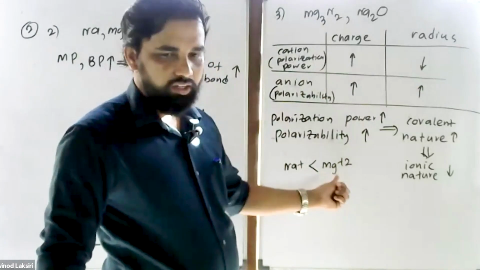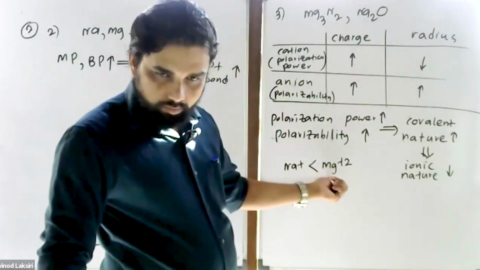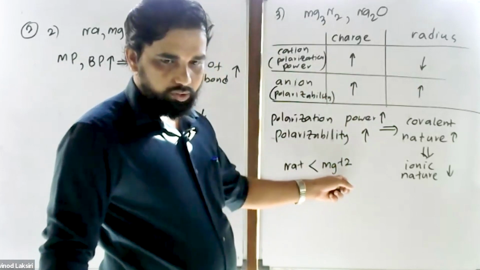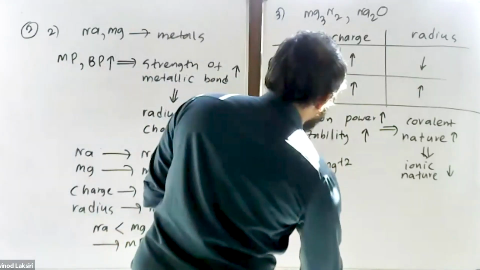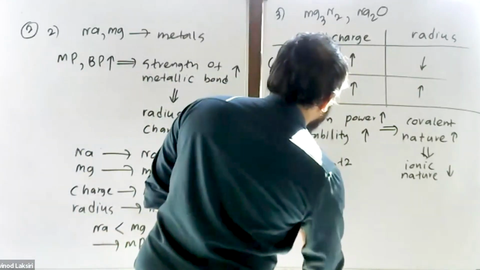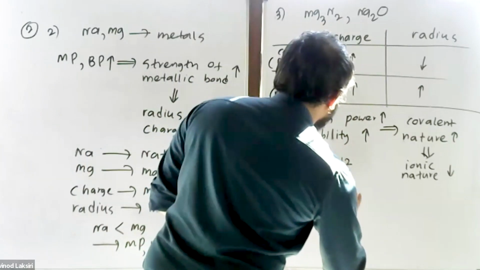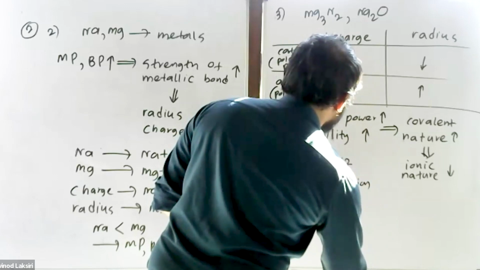Therefore, charge is higher in magnesium plus 2 and radius is lower in magnesium plus 2. Therefore, magnesium plus 2 has higher polarization power. Right? So this side polarization power increases.